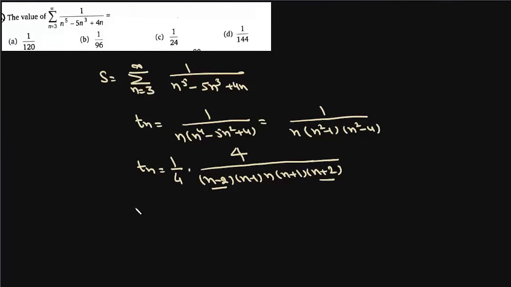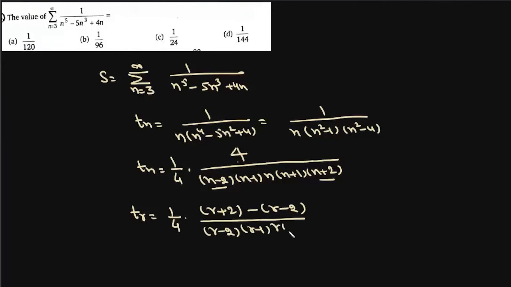So we can write its general term, or its rth term, as 1 by 4, and here it will be r plus 2 minus r minus 2 upon r minus 2, r minus 1, r plus 1, r plus 2, and we'll split it in two parts.